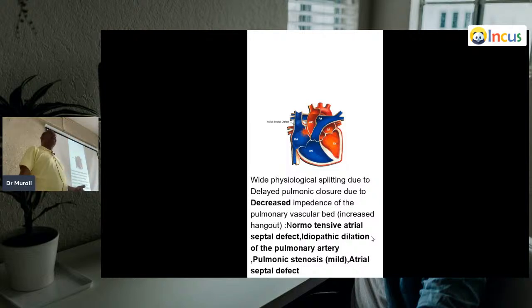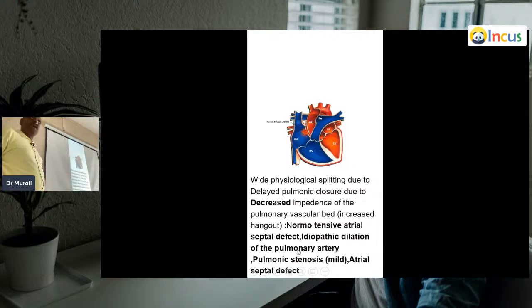Then any increased hangout on the right side, just like earlier we discussed, just the reverse of that. So any decreased impedance of the pulmonary vascular bed with an increased hangout time, or any more blood on the right side, all these things will delay the P2.